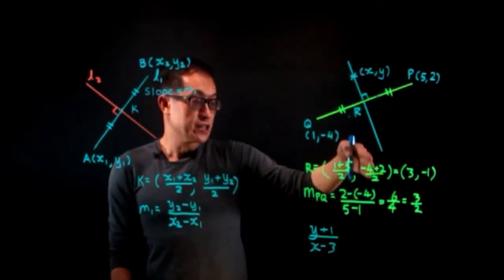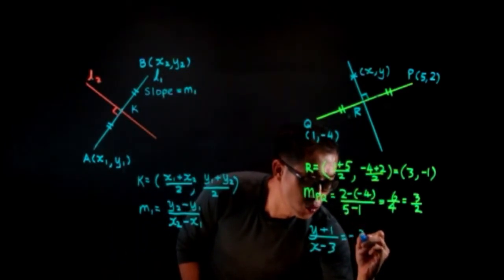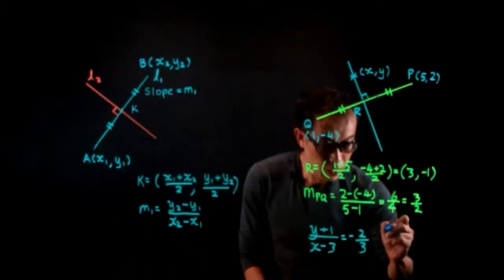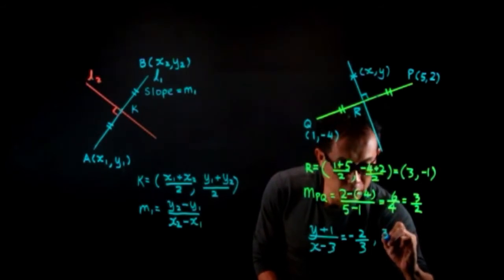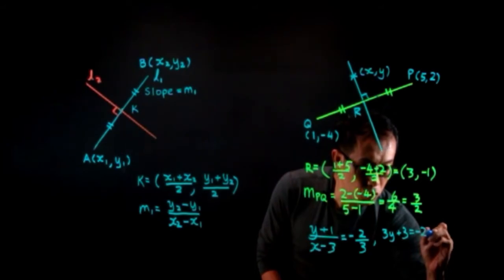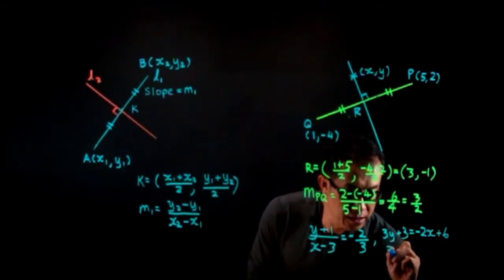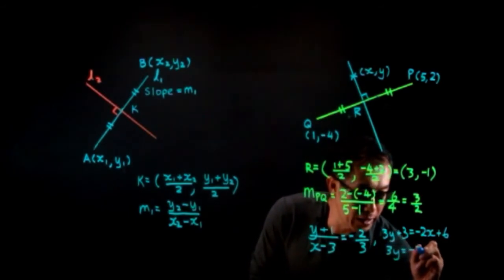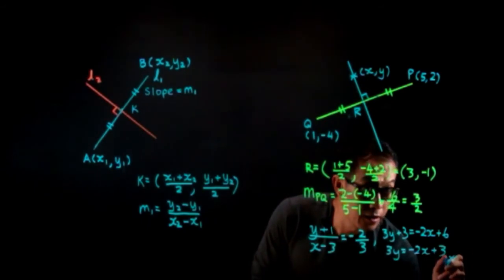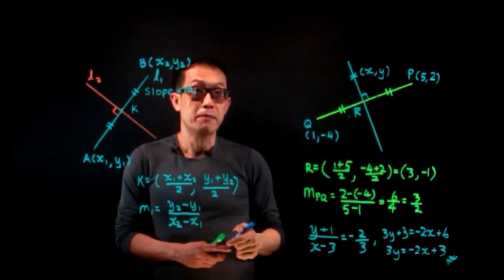This will be the gradient of this line, which is equal to minus 2/3. Then you do a cross multiply, and you get 3y plus 3 equals minus 2x plus 6. So your final answer is 3y equals minus 2x plus 3. Alright, that is the equation of the perpendicular bisector.